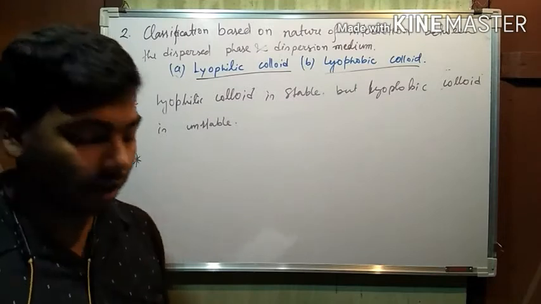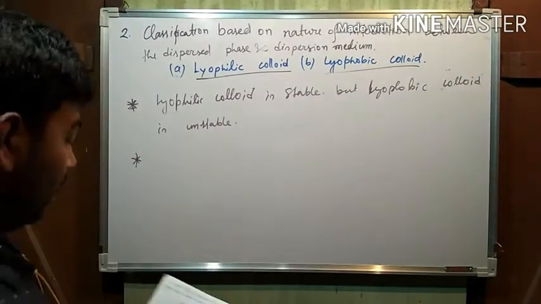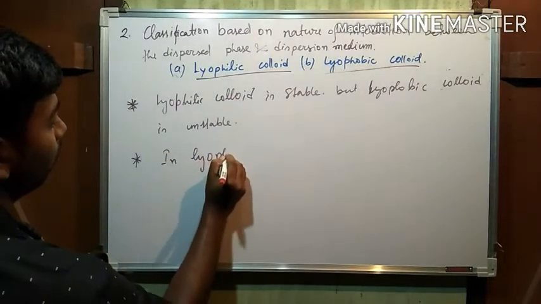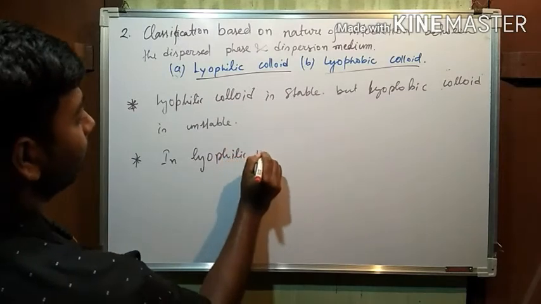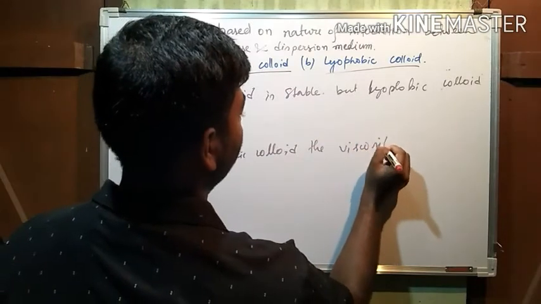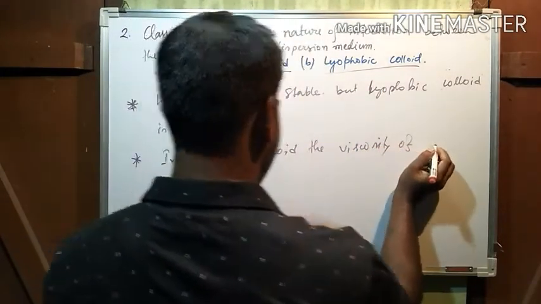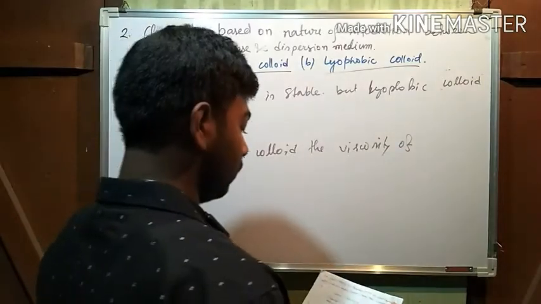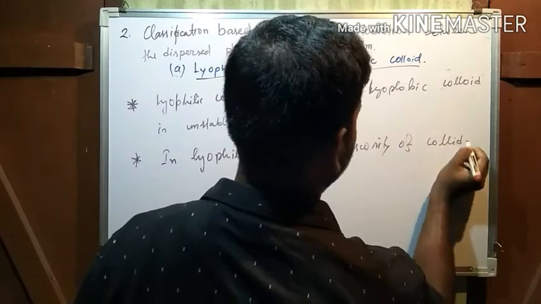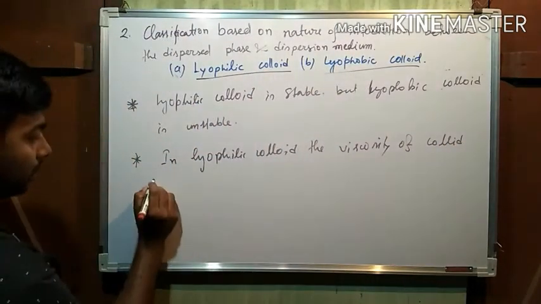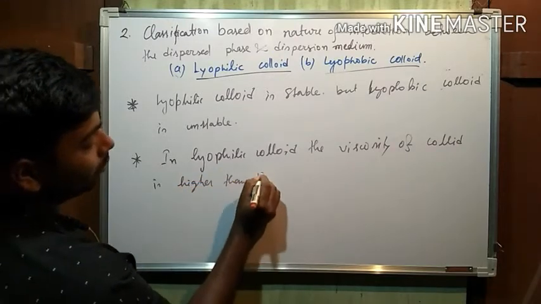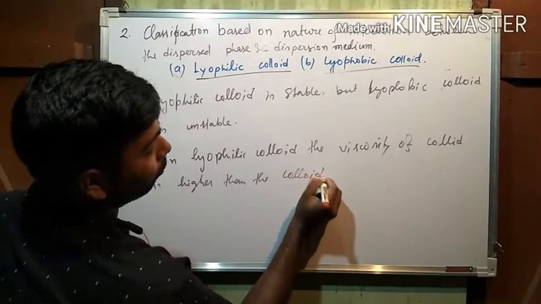The next point of difference between lyophilic and lyophobic colloid is viscosity. In a lyophilic colloid, the viscosity of the colloid is higher than the dispersion medium.